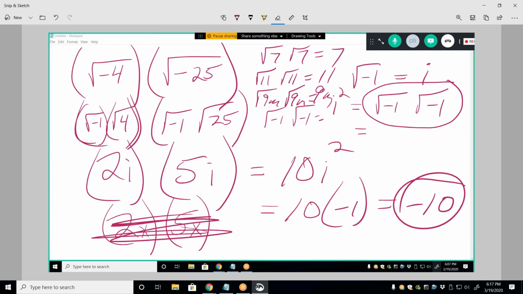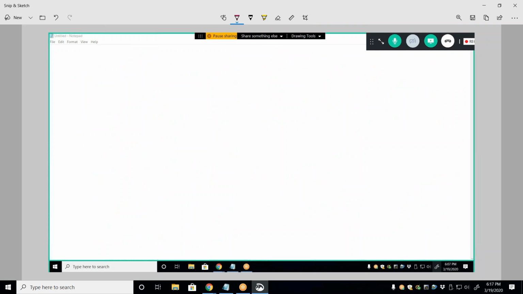So the next question is left paren 2 plus 9i, right paren, and then left paren 4 minus 8i. Okay, so here we're multiplying, which is going to be a little harder, but you're going to use FOIL.